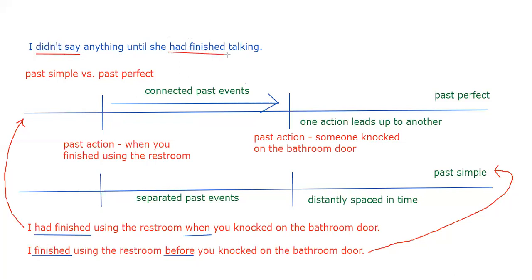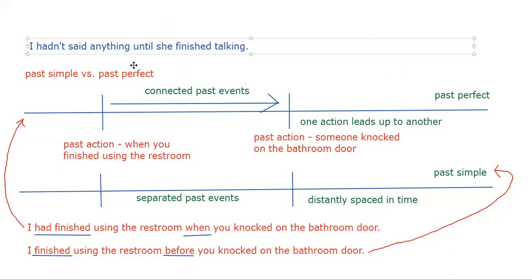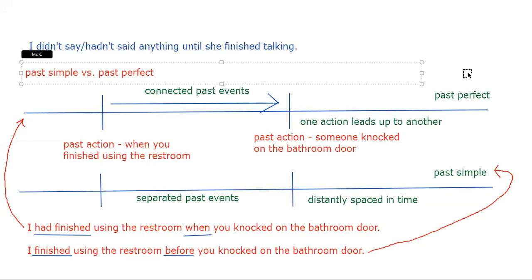I didn't say and had finished. These should be swapped. I think the sentence would read better like this: I hadn't said anything until she finished talking. Or actually, you could say either here. I don't see what's wrong with putting didn't here. I didn't say, hadn't said anything until she finished talking.